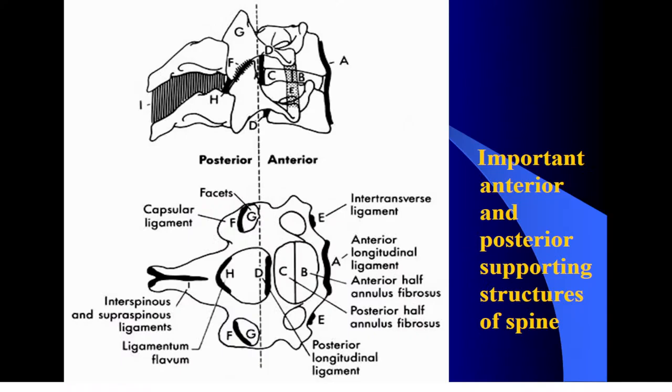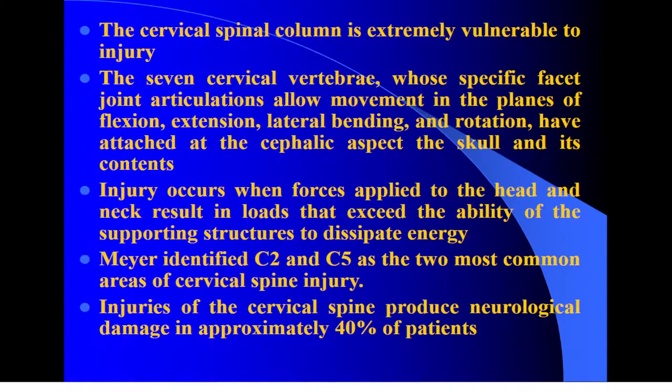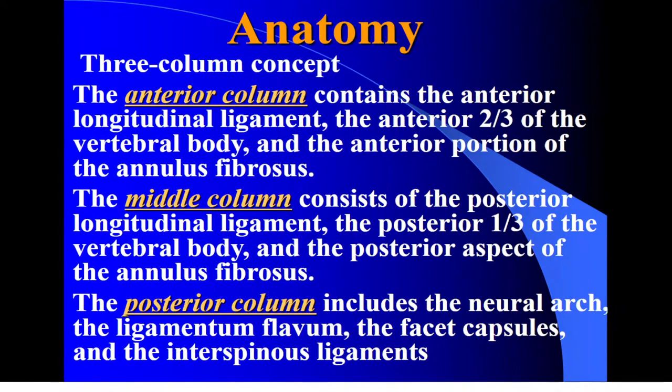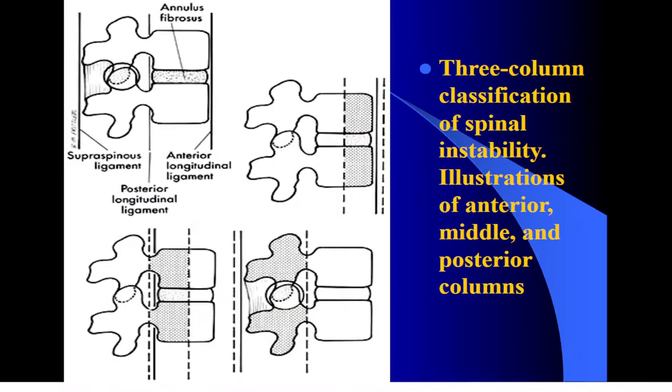So if we know how the different types of loading spread inside the different anatomical elements of the spine, we can expect different types of fractures.